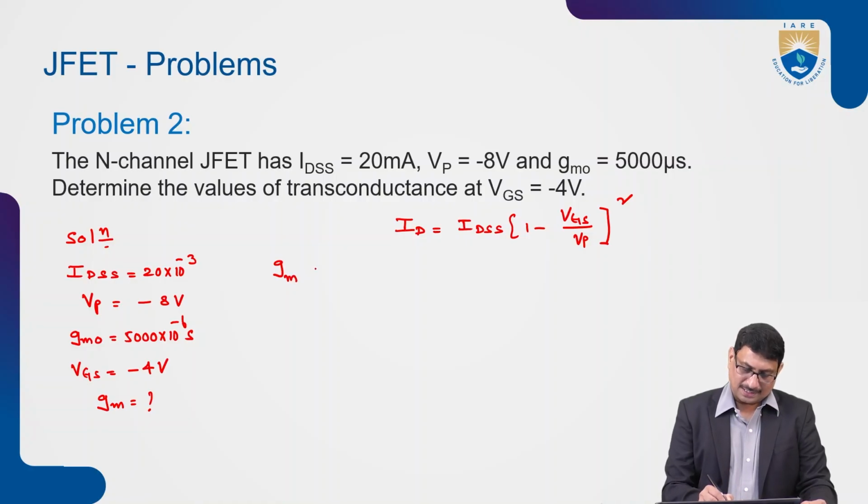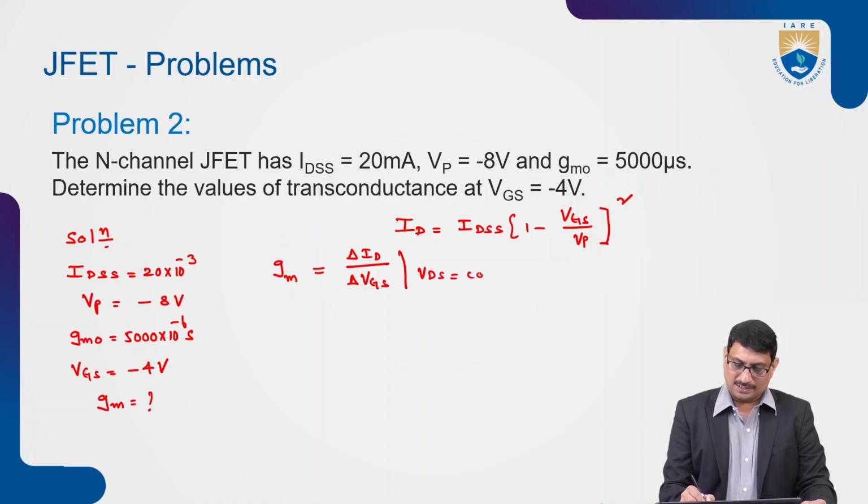We know that for junction field effect transistors, the parameter transconductance is defined as the ratio of change in ID to change in VGS by keeping VDS constant. This is from the definition, where we can calculate from the transfer characteristics of a JFET.